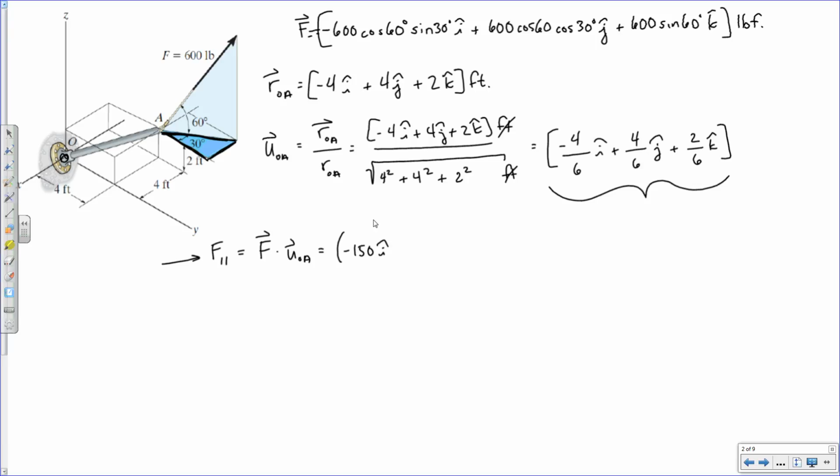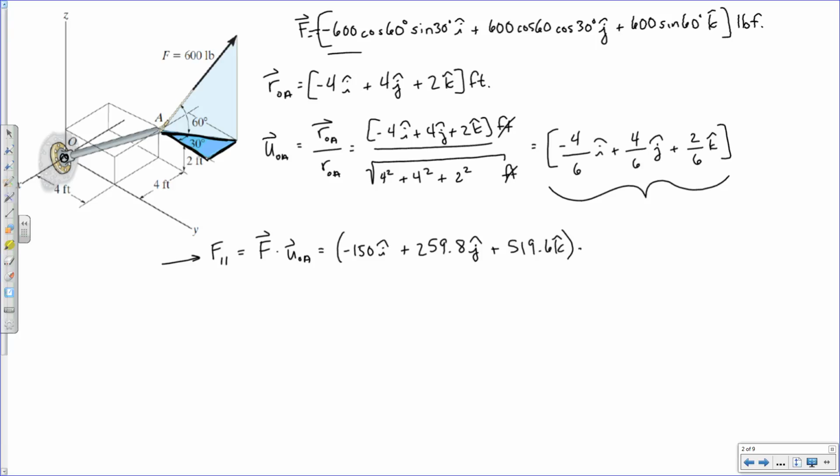I have 600 times cosine 60 times cosine 30. That's plus 259.8 j hat. 600 times sine of 60 is plus 519.6 k hat.